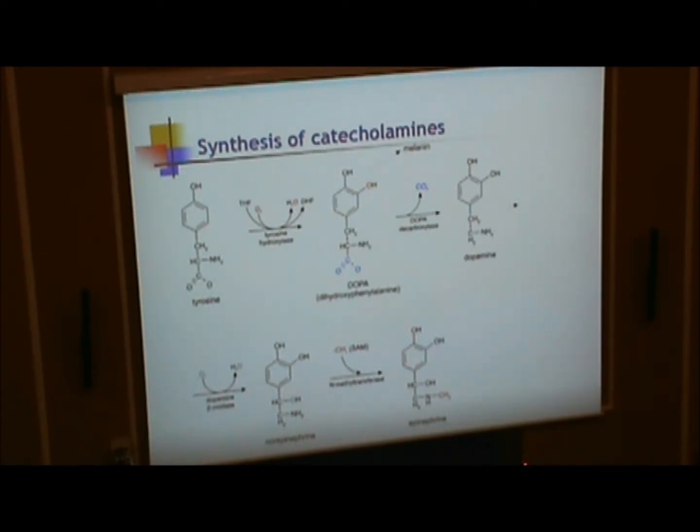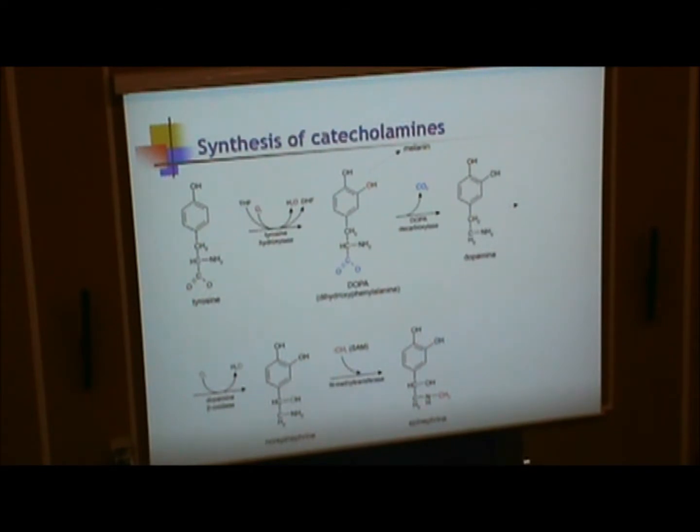What happens next? In the next step, the dopamine is submitted to the action of dopamine beta oxidase. Oxygen incorporates between this carbon and this hydrogen, forming this hydroxyl group.